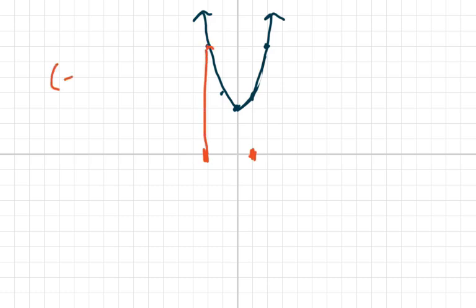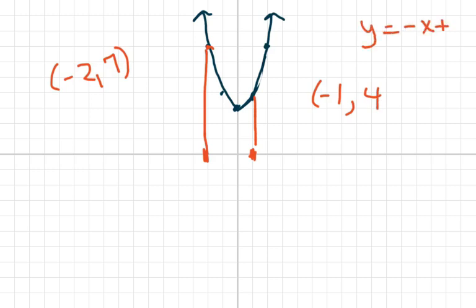Recall, negative 2 was paired with 7, and 1 was paired with 4. And you can see it here. My y-intercept, y equals negative x plus 5. So 3, 4, 5. And the slope is negative 1. And there's your equation of the secant line.